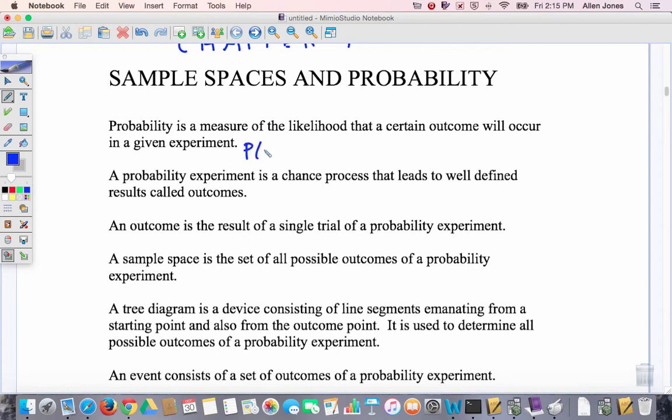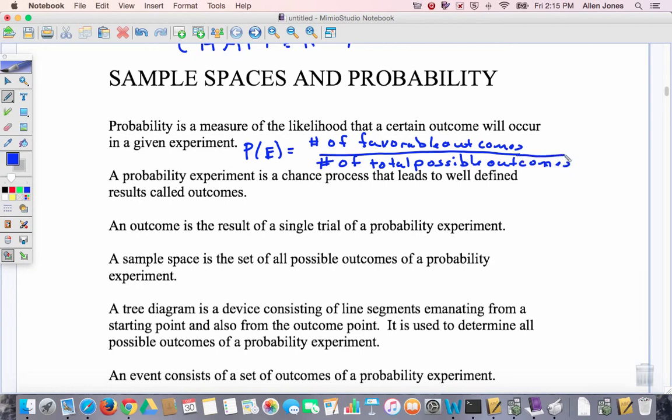As a fraction, the probability of an event occurring is the number of favorable outcomes over the number of total possible outcomes.